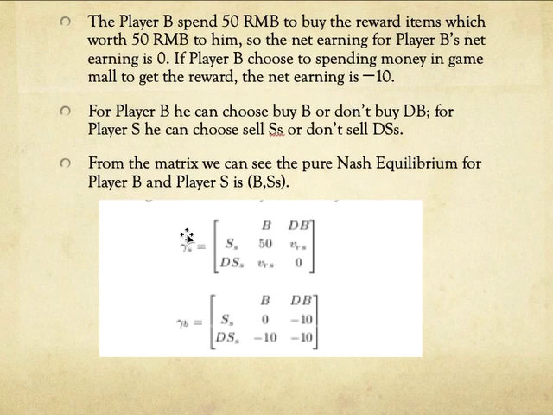And for the player, if he chooses to not sell, he will get the VRS, which is very much smaller than the 50, and the 50 is the largest payoff he can get. And if player B chooses to not buy, he also will get the VRS, since he can sell it.